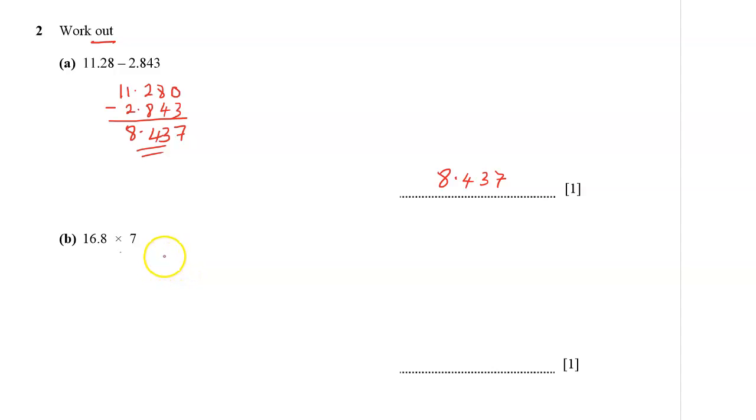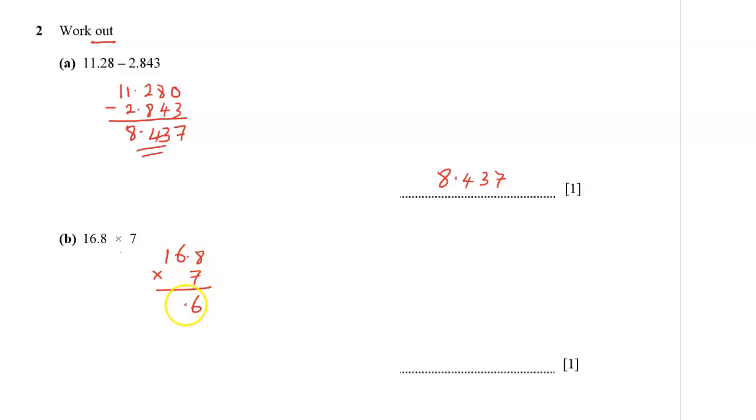We're also required to work out this one as well. I'll also do the long multiplication. 16.8 multiplied by 7. Of course, when you do long multiplication, 7 times 8 gives us 56.